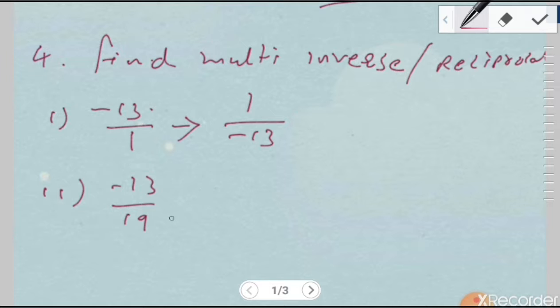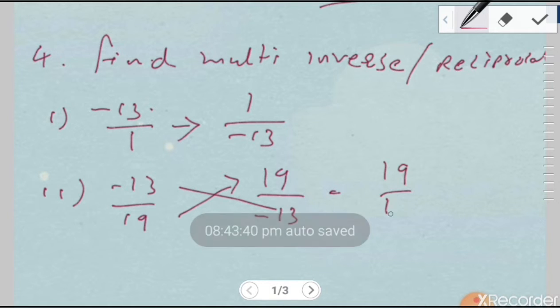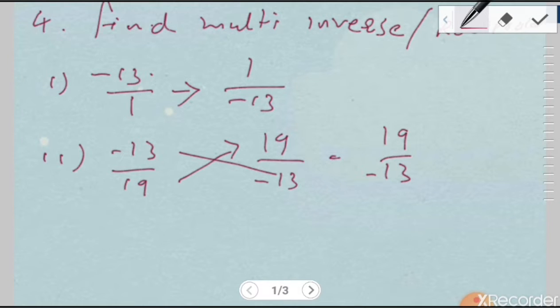Here also the denominator goes to the numerator and the numerator goes to the denominator. So our answer is 19 upon minus 13 after taking the reciprocal.